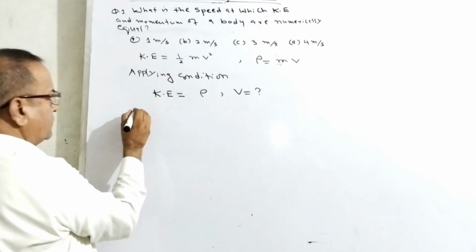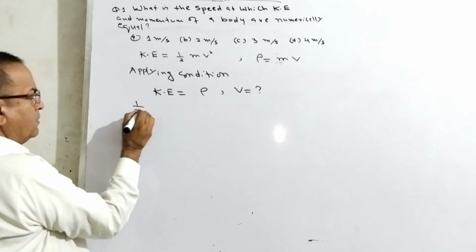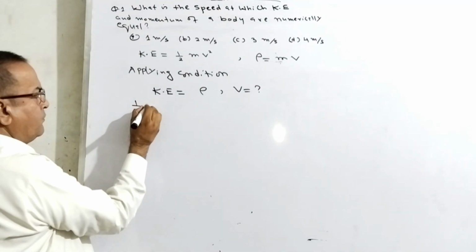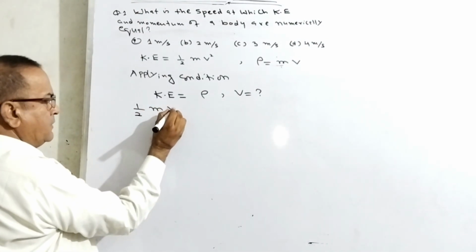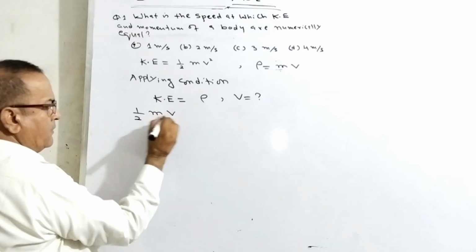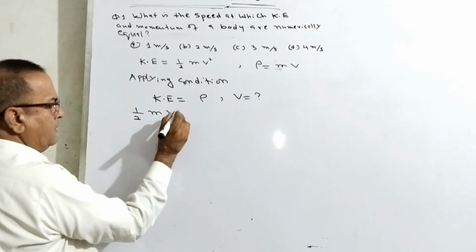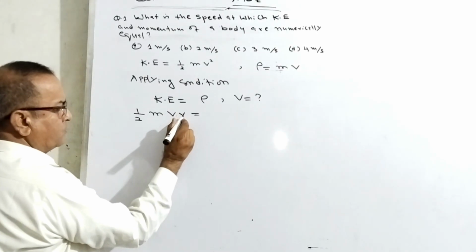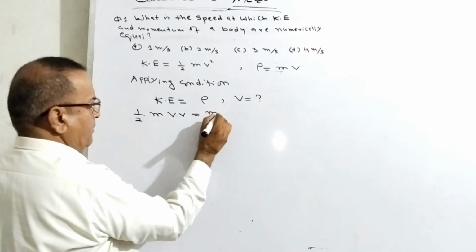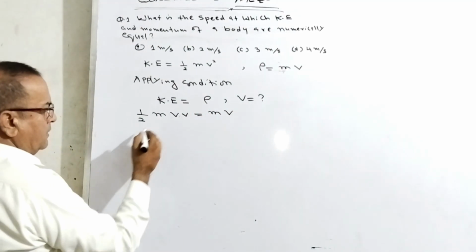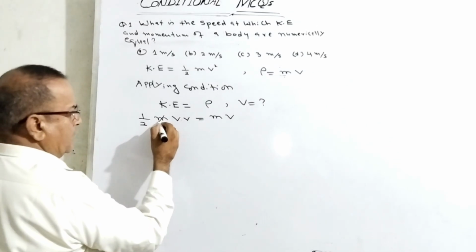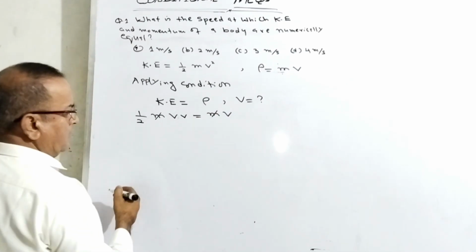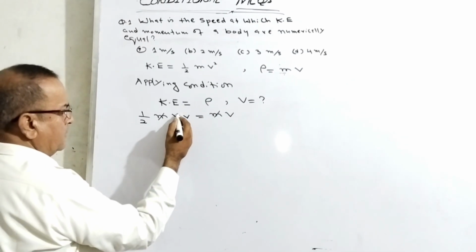By putting values, you know kinetic energy is half of mass times the square of speed. So we may write here v into v, which is v square, and mv. The m on the left side and the m on the right side get cancelled.